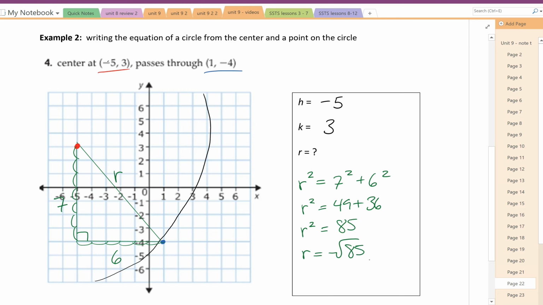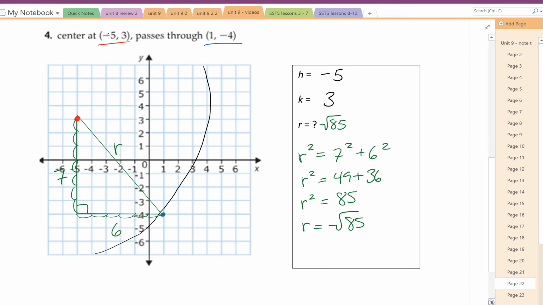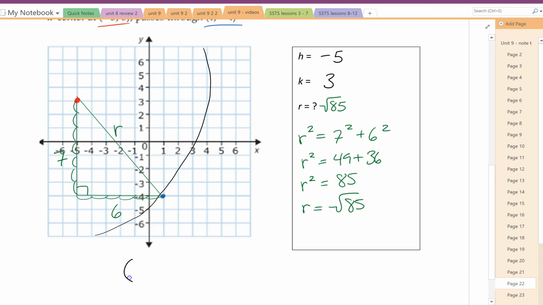And I'm going to leave it like that for a minute. I could figure out what it is as a decimal, but I actually don't need to, because remember, if the radius is the square root of 85, when we actually go to write the equation for the circle, we square the radius. And so what I would have would be, remember, these parts don't change.